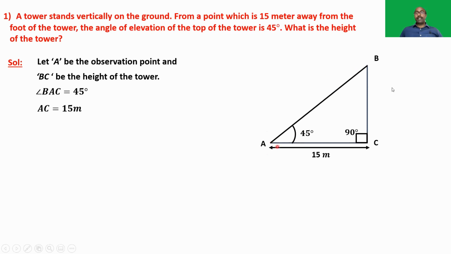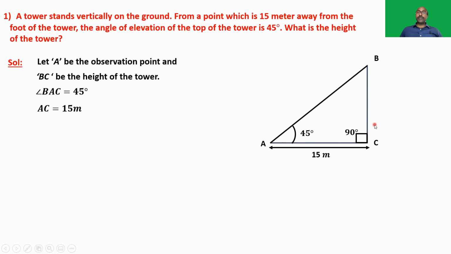Now, in this triangle ABC, we know angle A and the adjacent side with respect to the angle A, that is AC, which is equal to 15 meters. And here we have to find the height, that is BC. What is BC here? The height of the tower. So we have to find BC, which is the opposite side with respect to the angle A. So with respect to the angle A, we know the adjacent side and we have to find the opposite side.